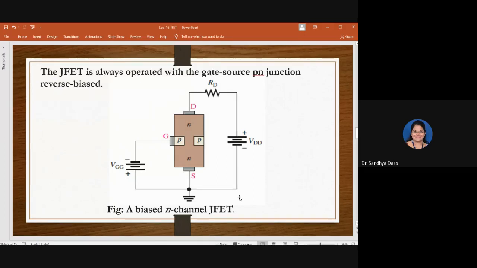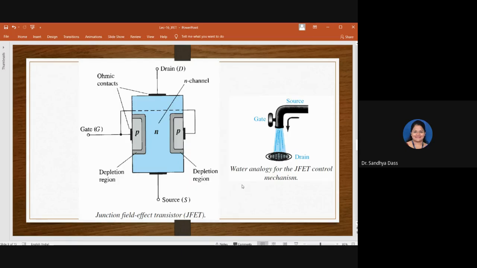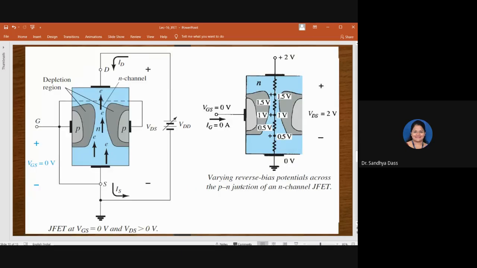So VDD will be applied across drain and source terminal, and VGG will be applied across gate and source terminal.